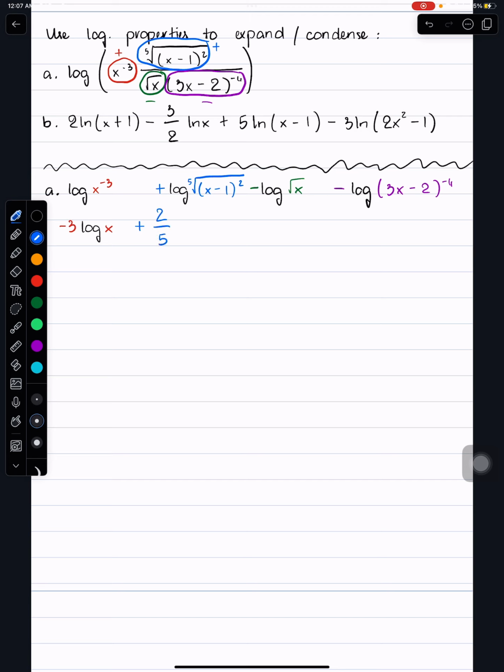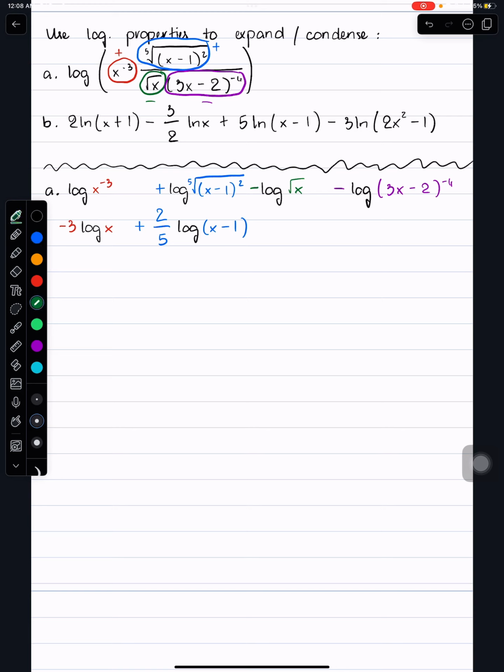And now that I'm done with the root, I handled it by putting the 2 over 5 on the front, I'm just going to have log. And then the group I have in here is x minus 1, right? And I'm going to put parentheses over them because x and minus 1 are together. So we have to group them together.